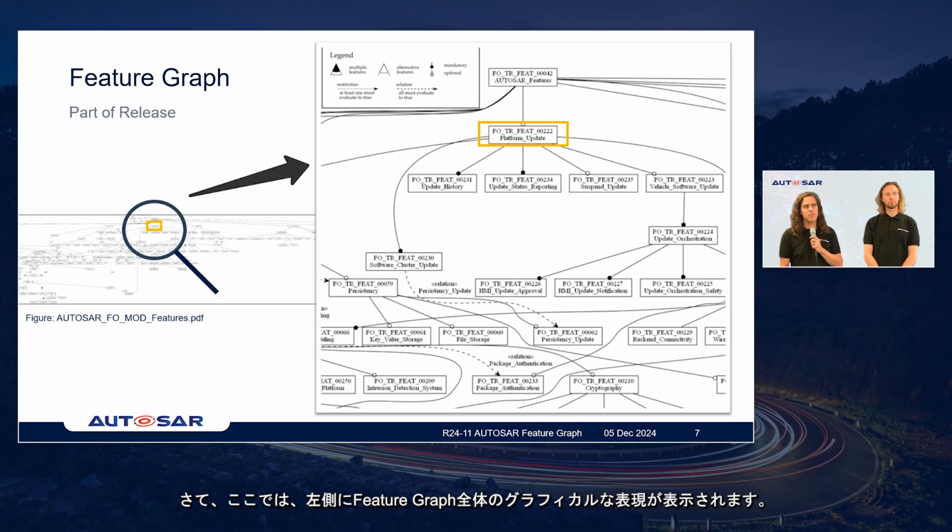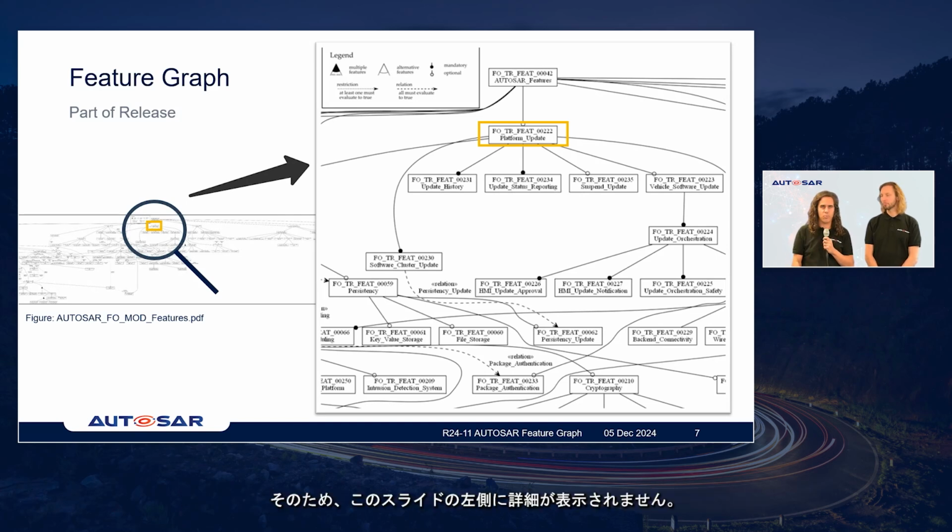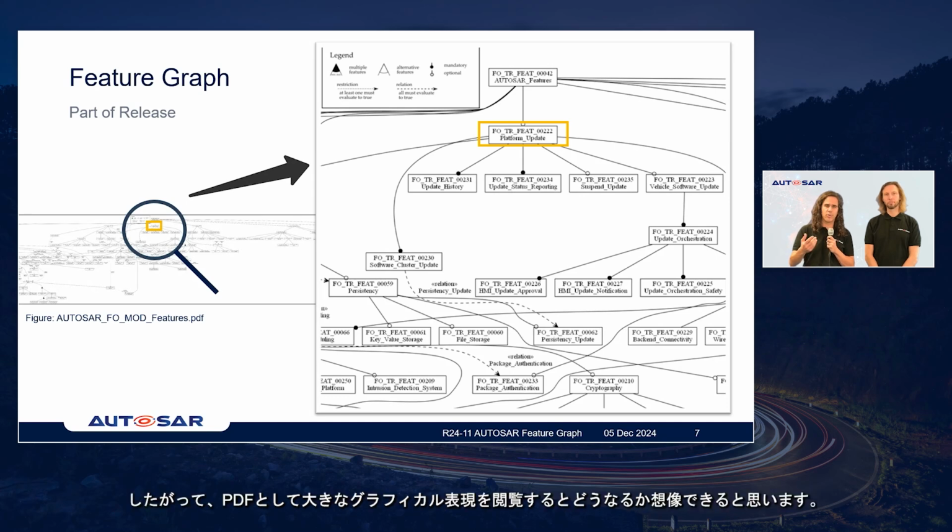Here you see the graphical representation of the feature graph as a whole on the left-hand side. It is very large. That's why on this slide we don't see any details on the left, but in a zoomed-in view we see the details, so you can imagine how it is when you browse the large graphical representation as a PDF.